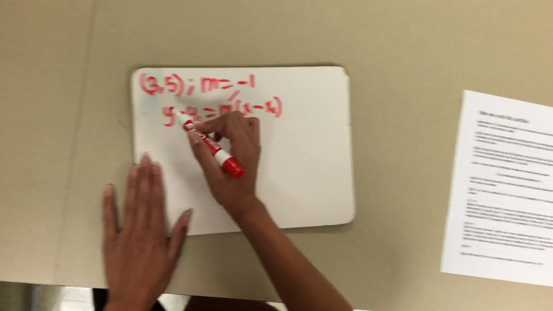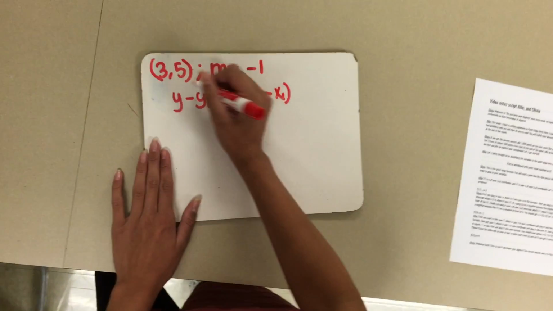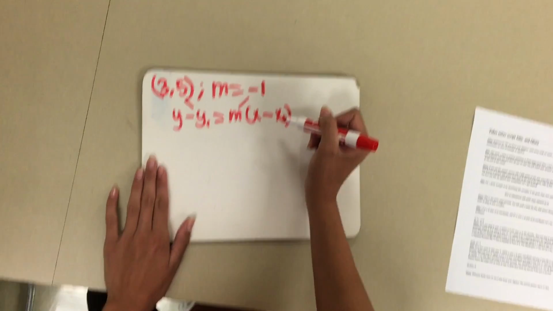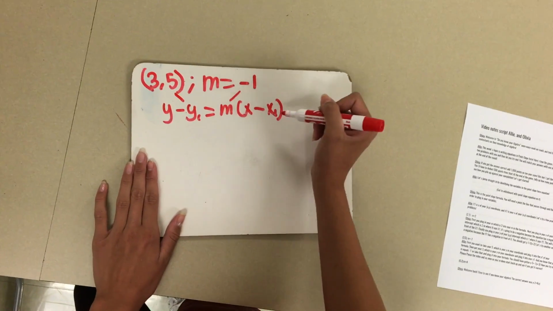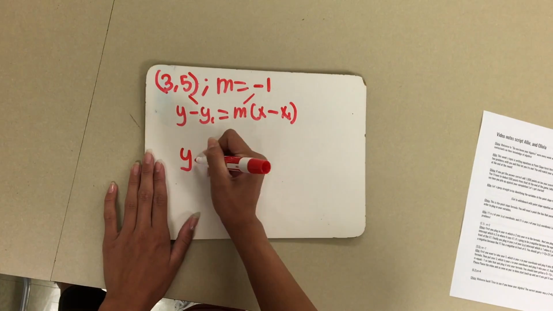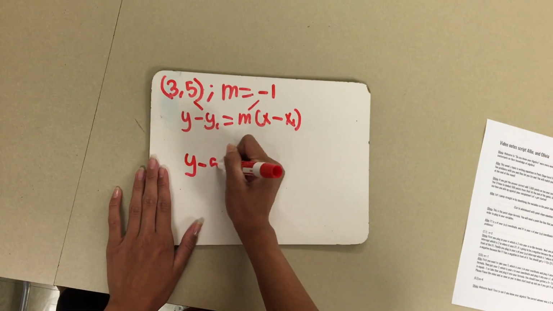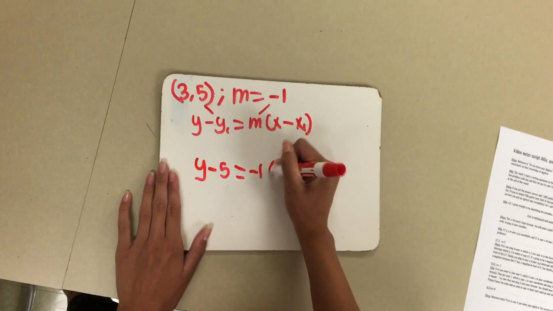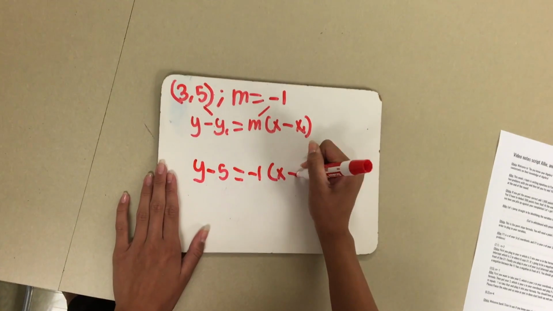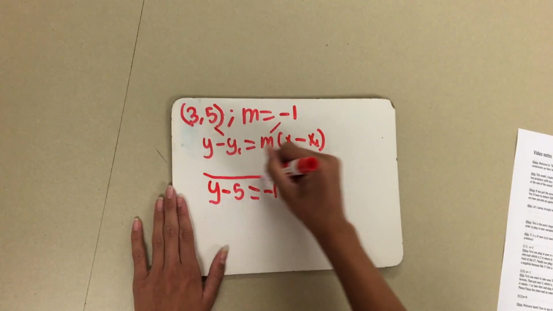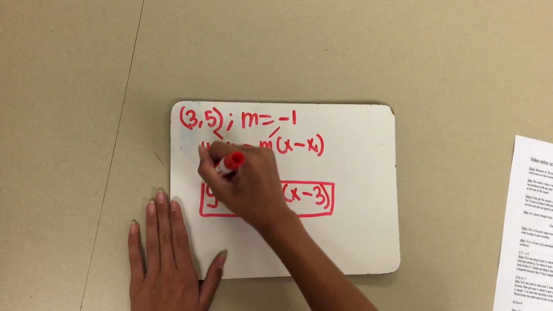So it's like y minus 5. And then we want to take the 3, which is the x, and put it over here. So it's x minus 3. And that would make our equation look like y minus 5 is equal to negative 1 times x minus 3. And that will be your final equation.